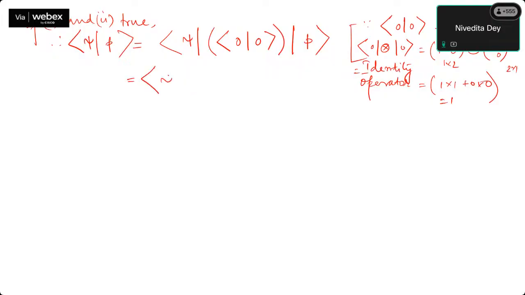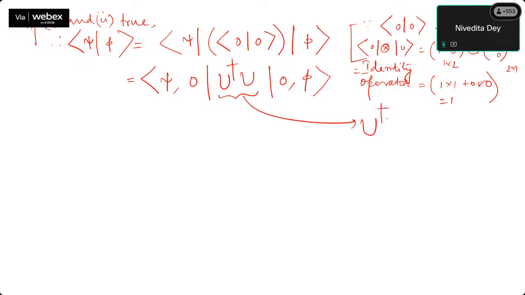So now let me take it like this, say psi and 0 together, and here also let me take 0 and phi together, and here let me introduce a U dagger U. Can I do that? Yes, because we have just seen for Hermitian, U dagger U is nothing but the identity matrix. I'm writing identity and not 1 because this is also a matrix.